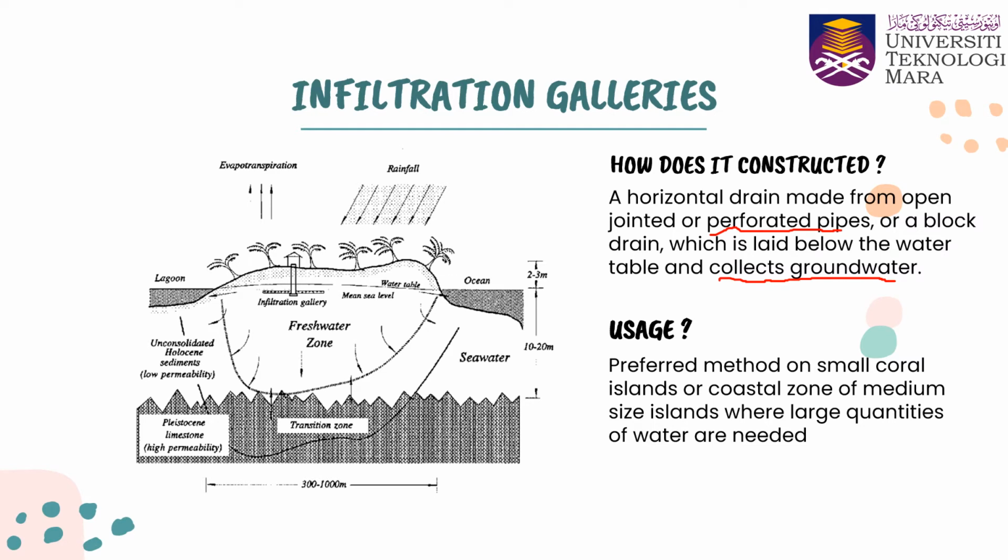We collect the freshwater into the infiltration gallery. This is a preferred method on a small coral island or coastal zone of a medium-sized island where larger quantities of water are needed. Basically this method is used on islands, not applicable for urban areas.